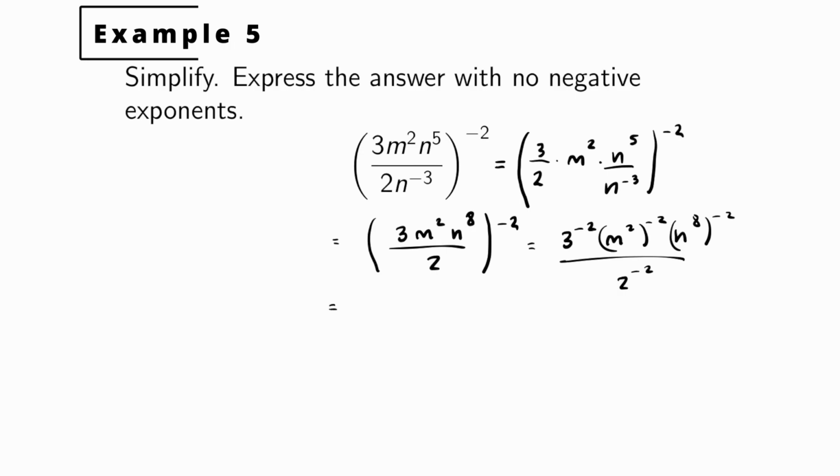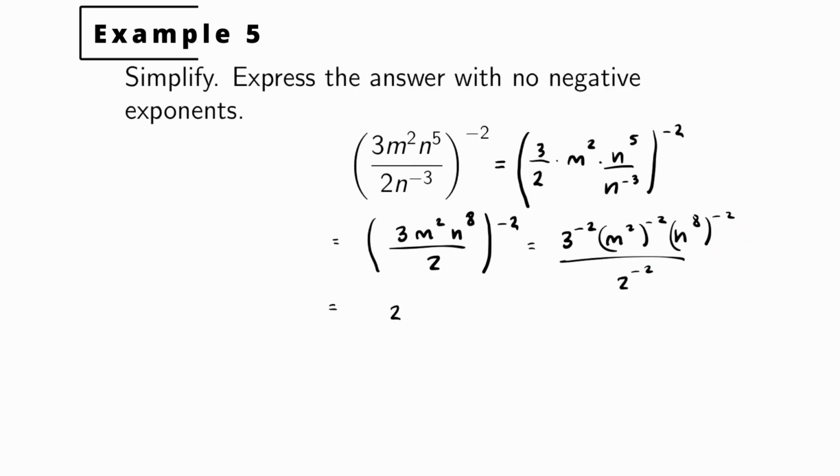Okay. So what we can do is, any exponent that's negative, we can simply change it from the numerator to the denominator, or vice versa, and then change its sign. Since we have 2 to the negative 2 down here, we can move this to be 2 to the positive 2, but in the numerator instead.